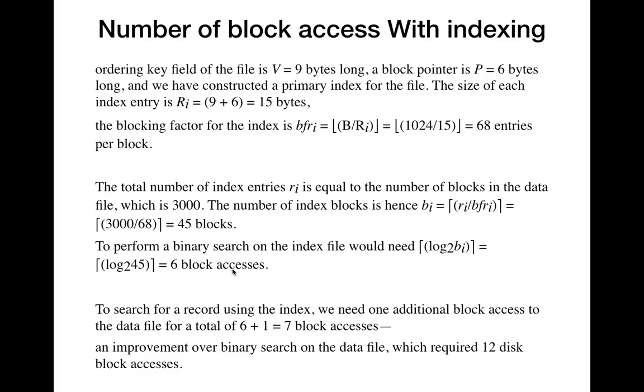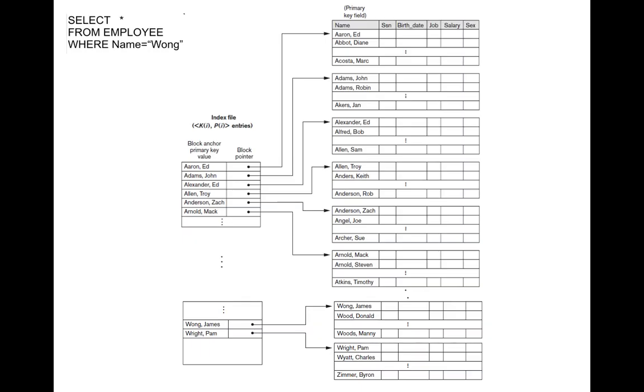It is not 6 actually, it is 6 plus 1, because I will just explain. Look at this figure. We are performing a binary search on this index file. Over this index file, within 6 block accesses, we can reach the correct block. Once we reach a particular block, to reach the data block, because there's a pointer pointing to the block where it lies, that would require one more block access.